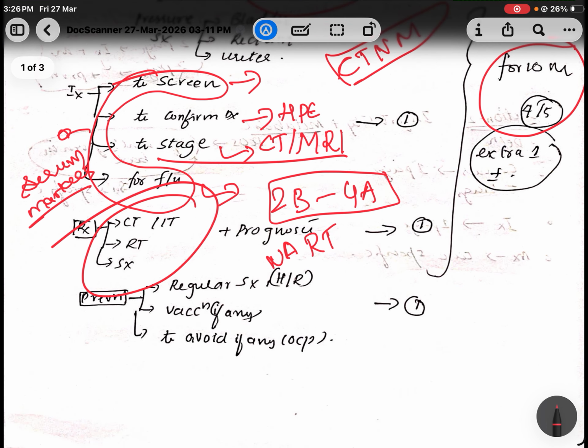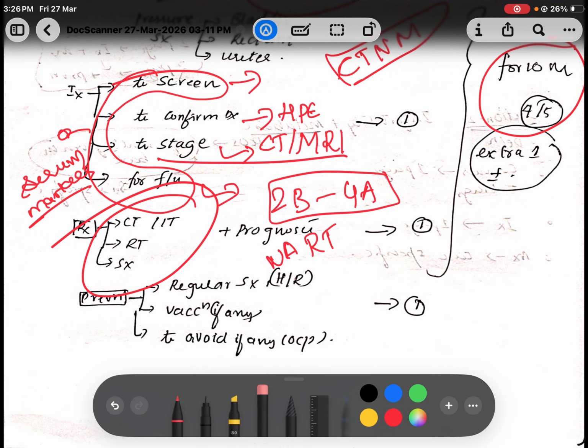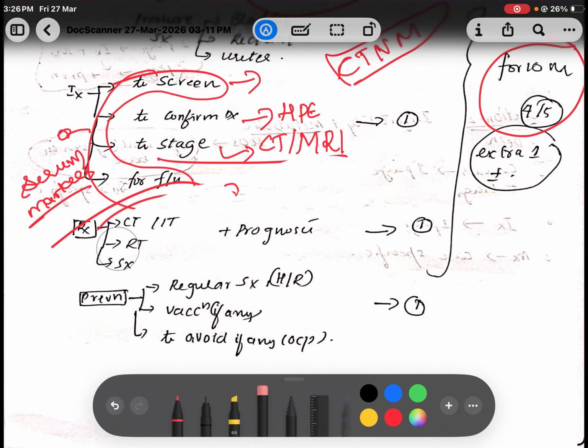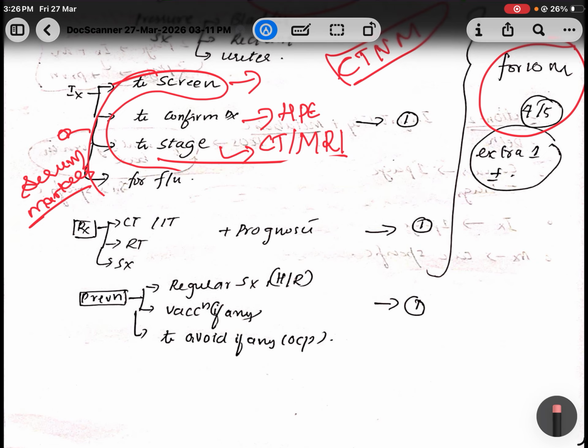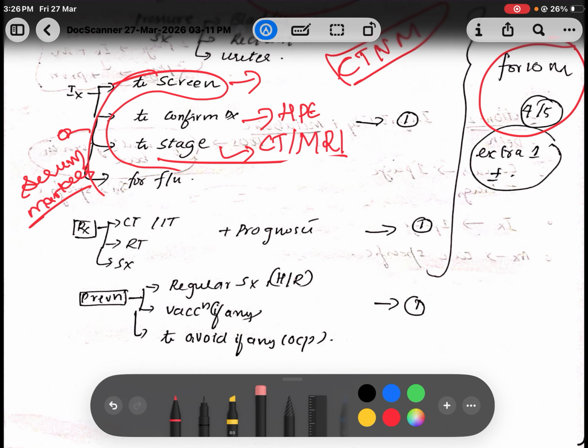Then another important thing which all people forget is prevention, and if you don't write prevention you will never get full marks. So obviously you need to talk about prevention, especially for a carcinoma cervix case. You have to talk about vaccination also, that is the Gardasil vaccine and all those things.